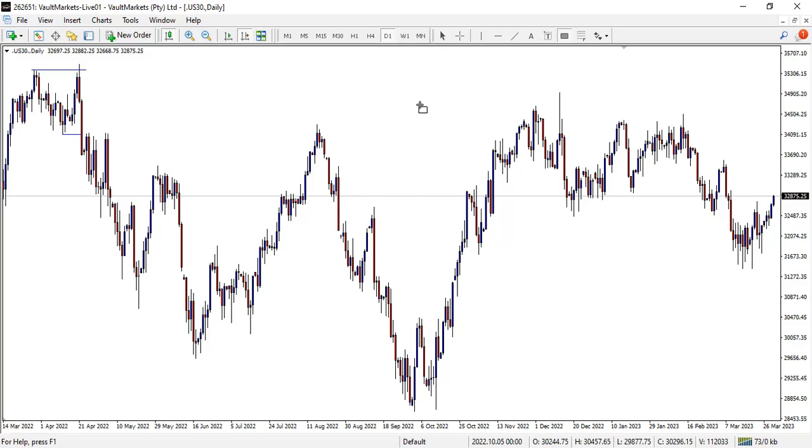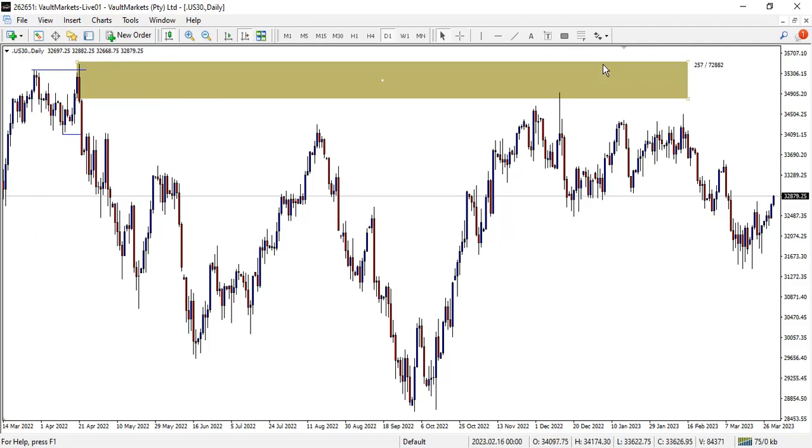So now, what is that technique of a stop hand? Is to use the candle that created the stop hand as an entry. This is your point of interest now here, right? This is your point of interest. This whole candle all the way to here.